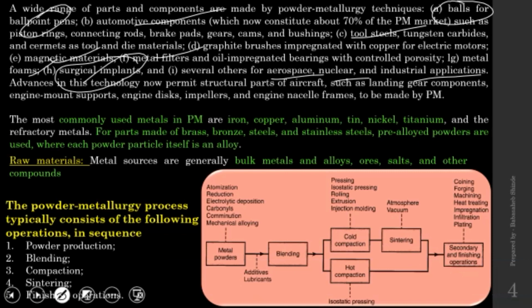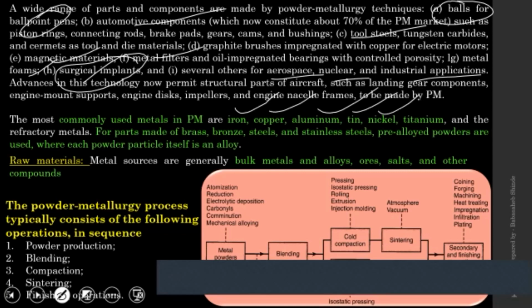Now, as I mentioned, this technique can be applied to a variety of materials. As long as you can get powder from that metal, you can apply this technique. But the prominently processed, or widely used, metals are iron, copper, aluminium, tin, nickel, and titanium. These are the metals widely processed using powder metallurgy to produce various parts.